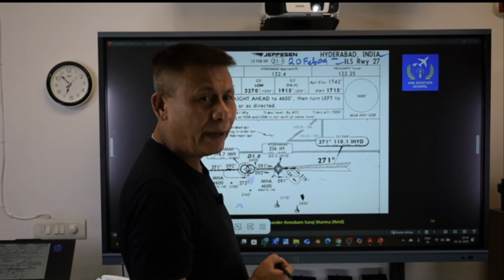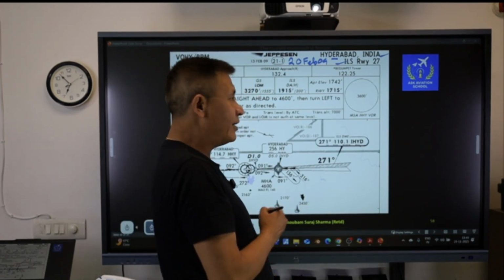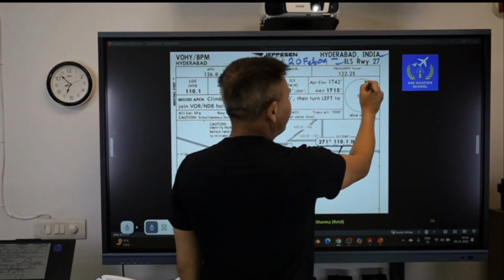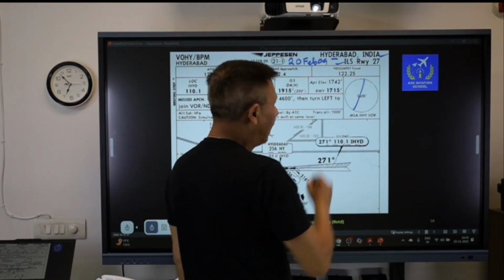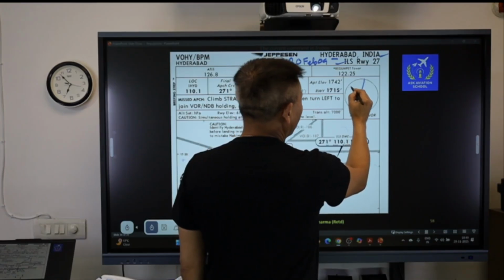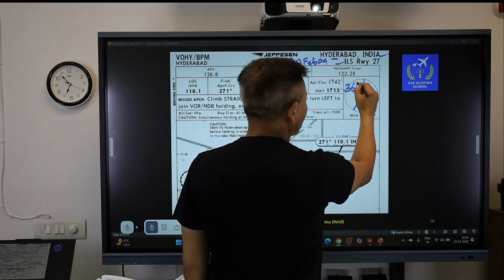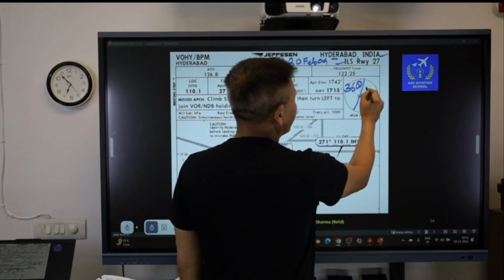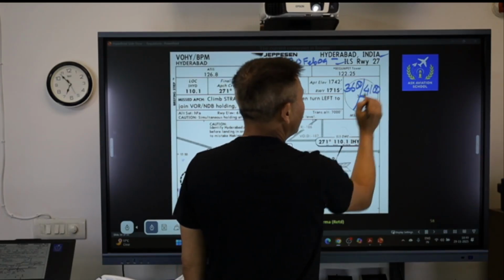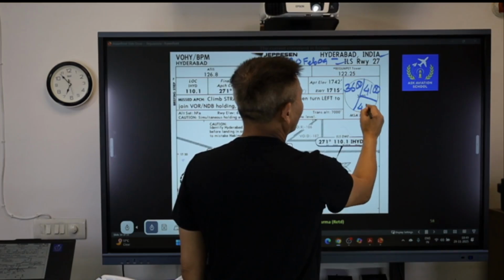Now, you may find another variation to this. For example, if you see a line like this, and on the left side of the line it is written, let's say 3,600, this is the original one, and another quadrant is drawn here, and let's say this is 4,100, another is 4,000.